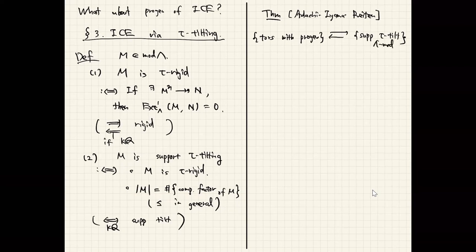The map is the same, so by taking progenerators and by taking co-kernels, and maybe some of you notice that this is not the usual description.